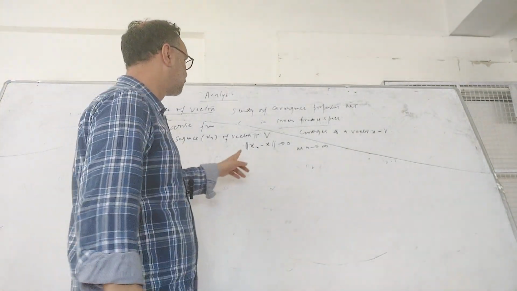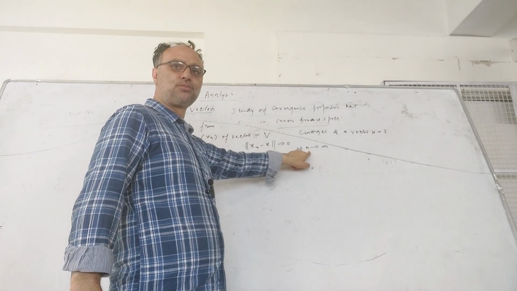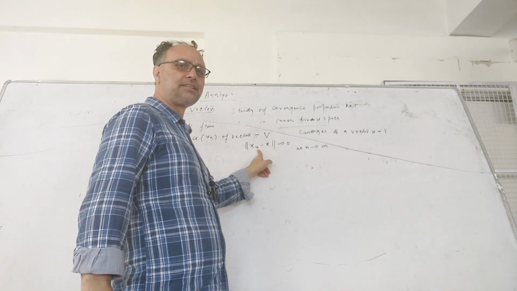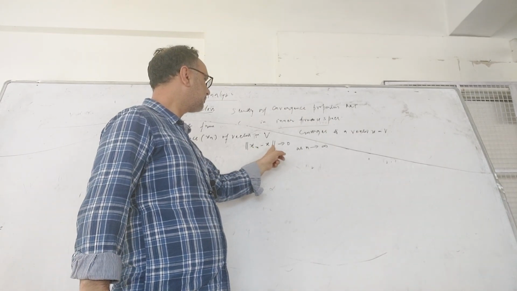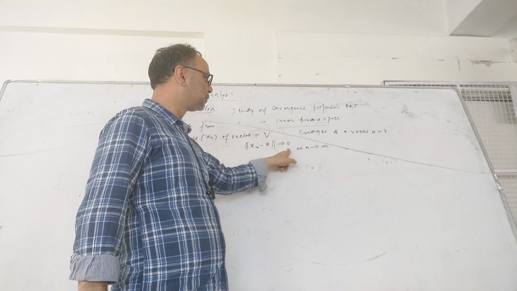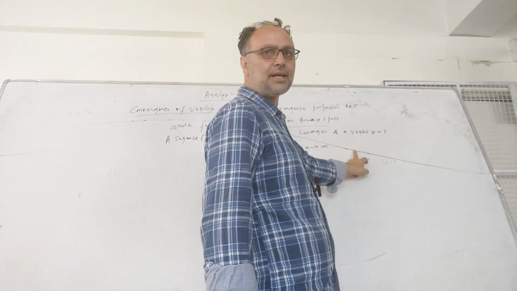So you can have a sequence where this will tend to 0, where n can take values 1, 2, 3. So the difference of the two should go to 0 the larger the n becomes.